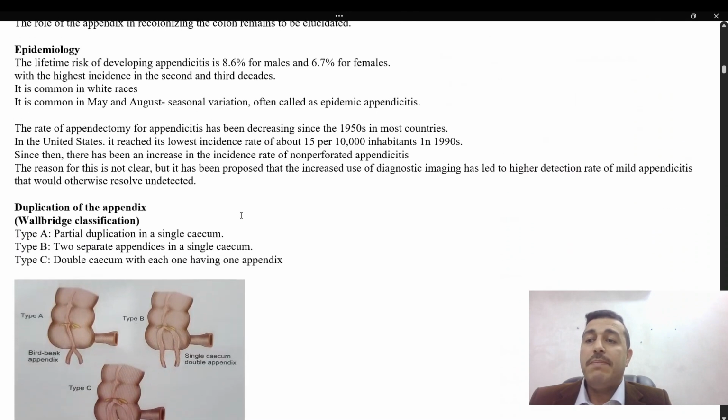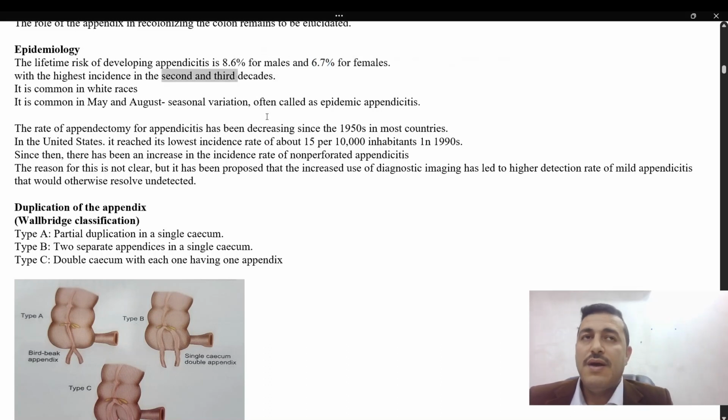Okay, about the epidemiology, the difference is slight. The lifetime risk for developing appendicitis is a little bit higher in males, about 9% and 7% in females. The highest incidence is in the young, in the second and third decades.